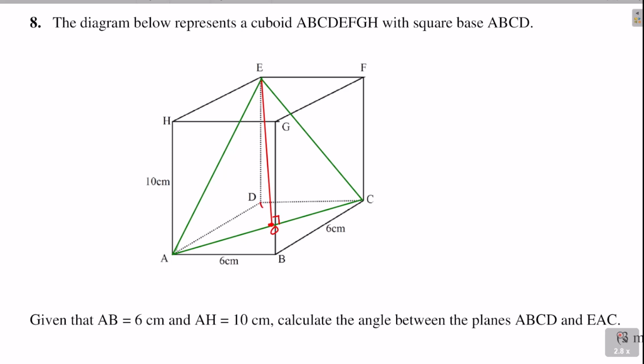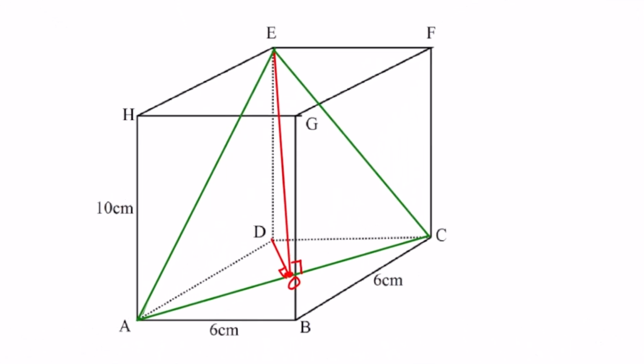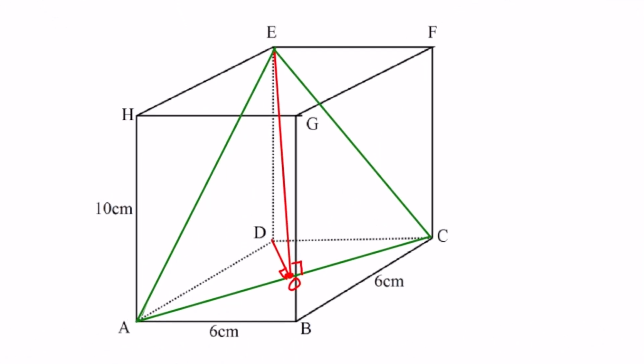So from this point D on this plane ABCD, we draw the other perpendicular, still meeting at the line of intersection, that is AC. And now the required angle will be the angle between the two perpendiculars, or the two normals.